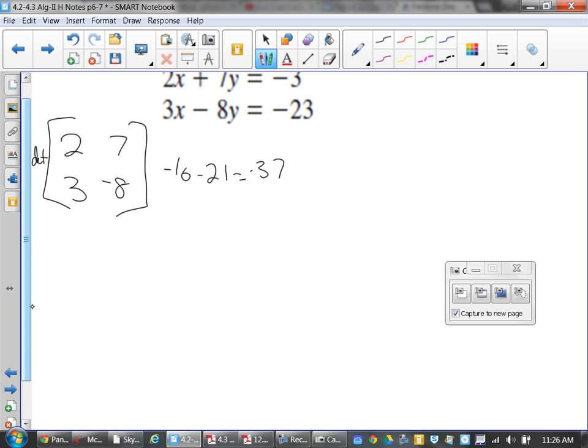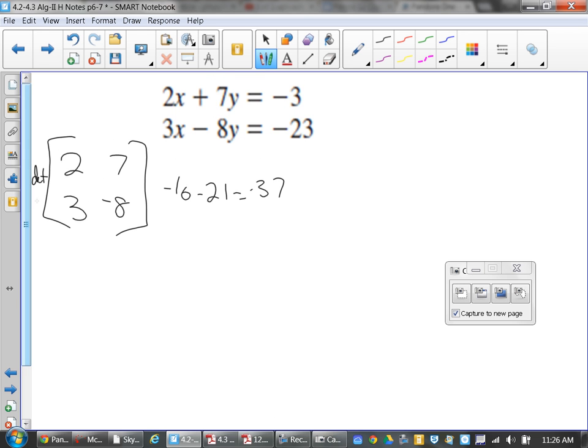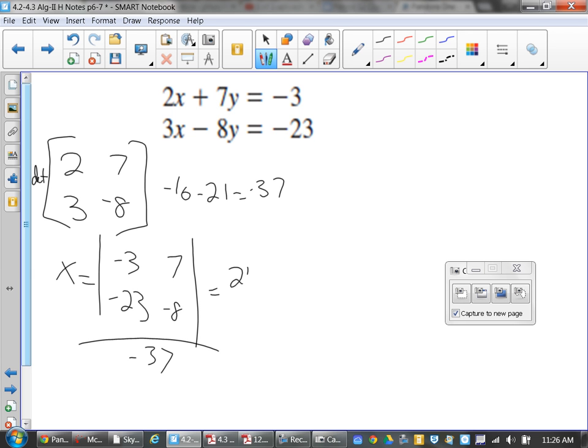I just remember drawing this. Then solve for x, with negative 3 and negative 23 in the x column, and 7 and negative 8 for the other one. So you're going to divide it by negative 37. Seven times 23, that's 161.